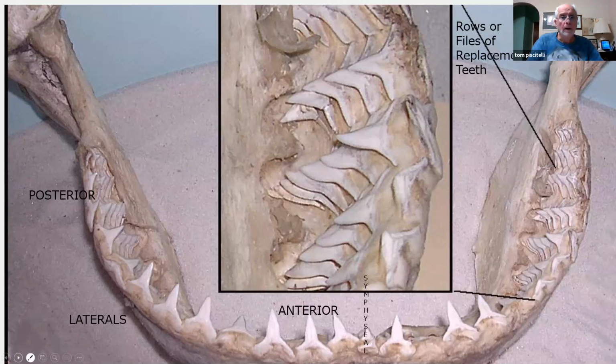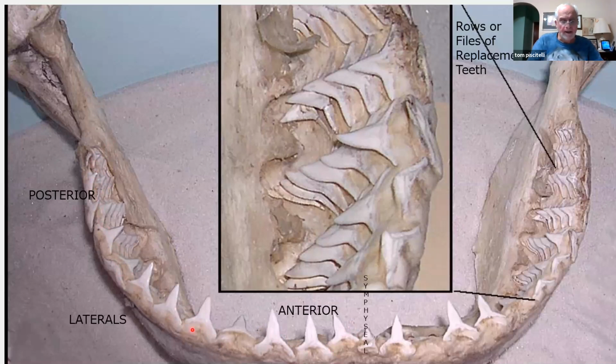And if you would, Bronwyn, if you would mark where it says anterior, these are called anterior teeth. These are the shark's front teeth, their largest teeth. The back teeth are smaller and are called posterior teeth. The teeth in between are called laterals.